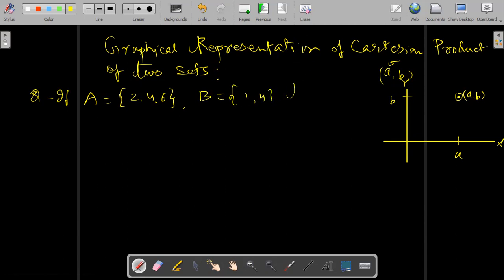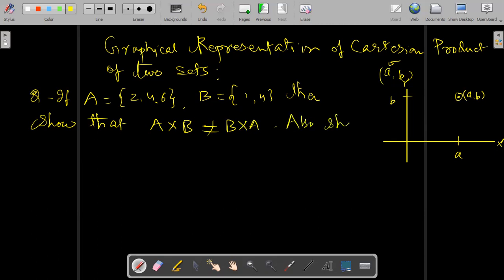Show that A cross B is not equal to B cross A, and also show it graphically.